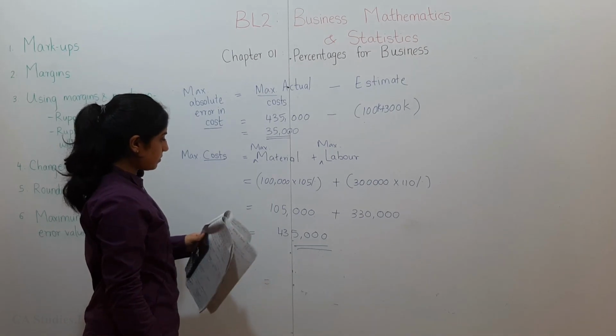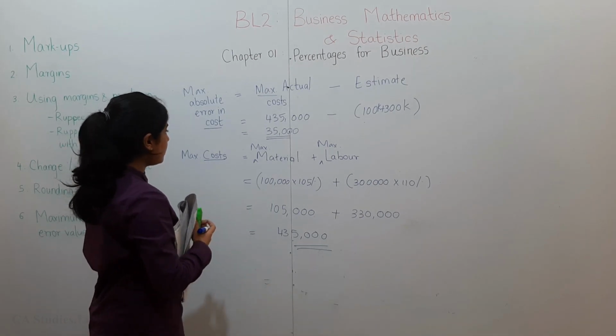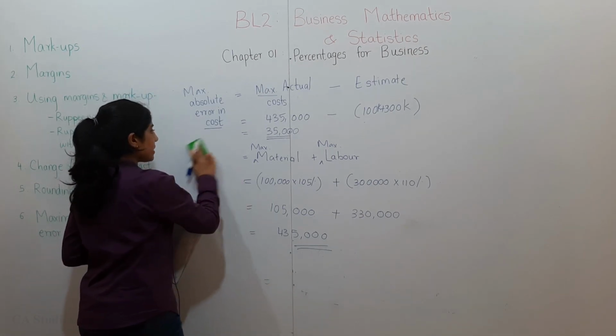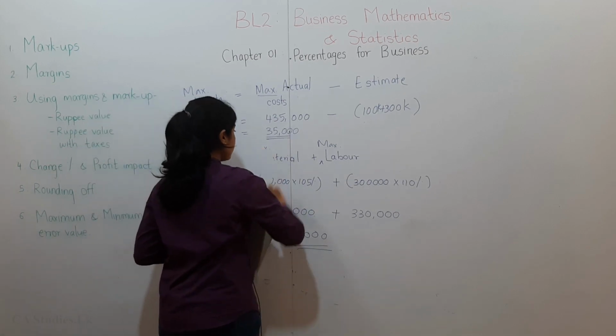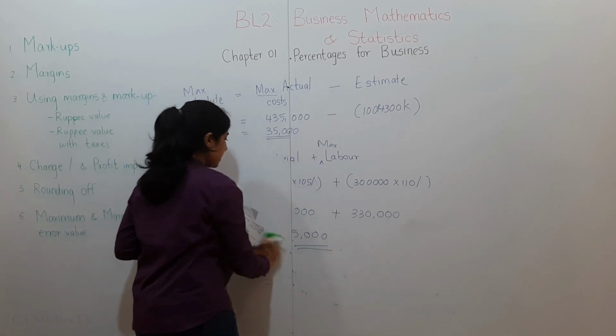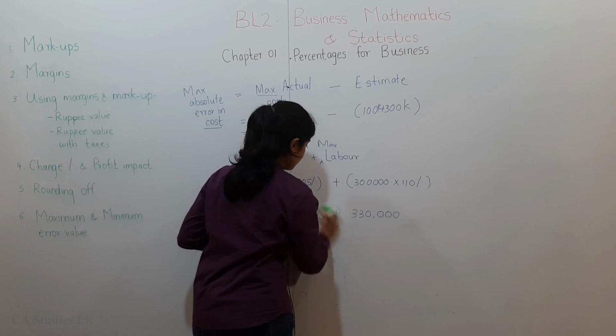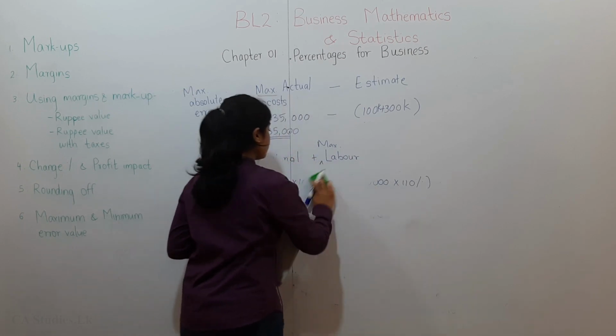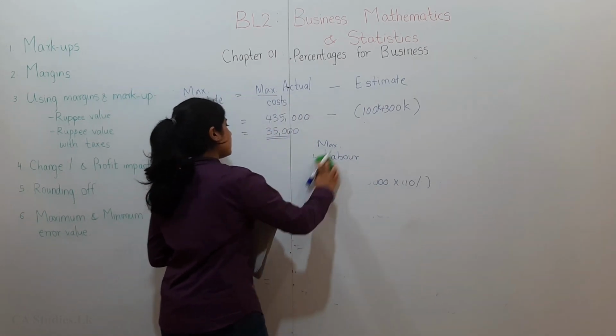Fine. And then the relative error is what? Maximum absolute error divided by estimated figure into 100%. So you could quickly calculate it.